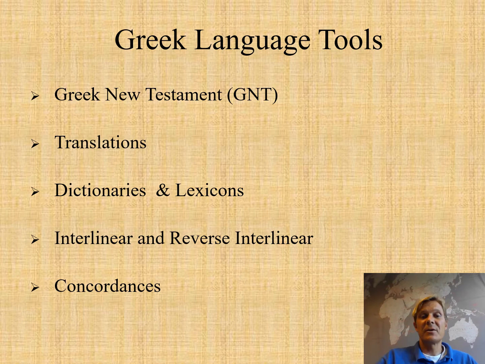To use various interlinear and reverse interlinear Bibles, as well as the concordances. Finally, those of you who want to perhaps invest more money, there's a possibility of learning and acquiring the various Bible software programs, some of which are fairly economical and others that are very expensive.